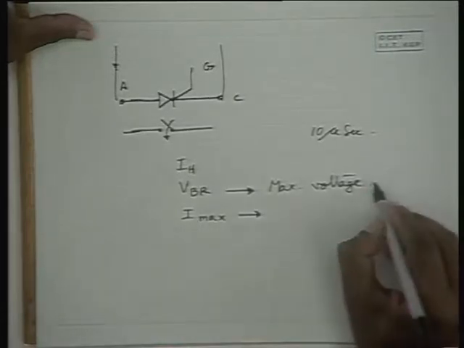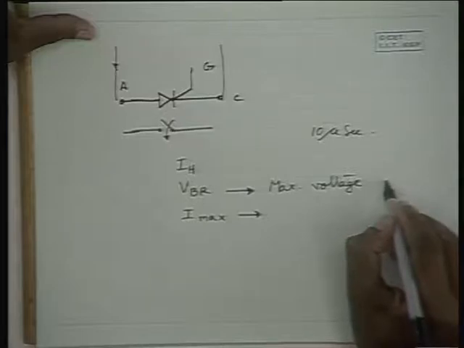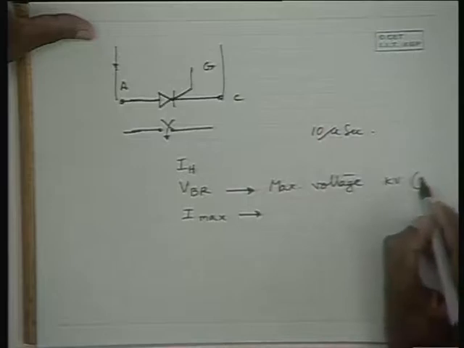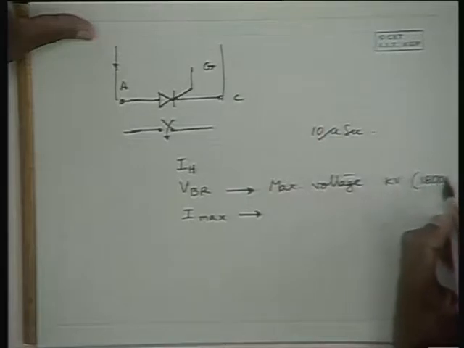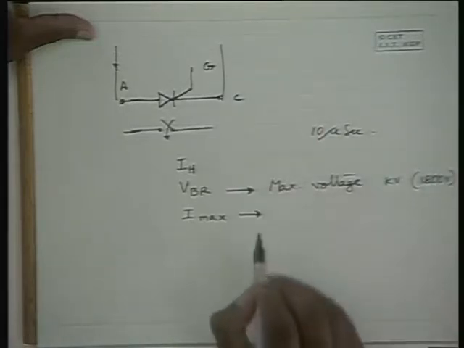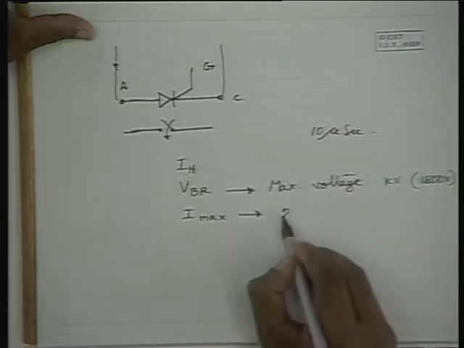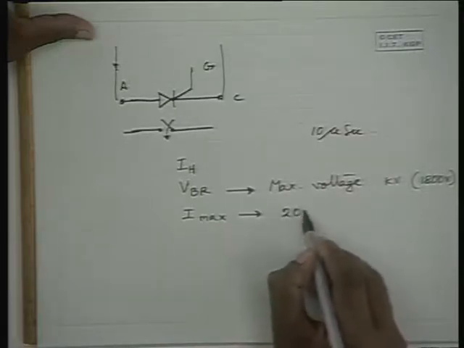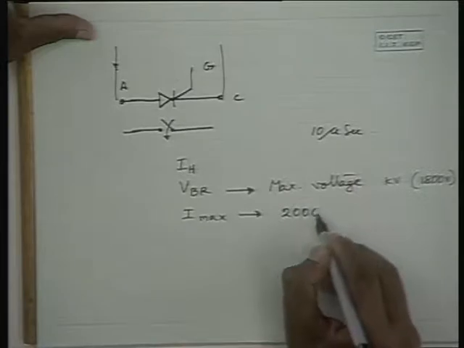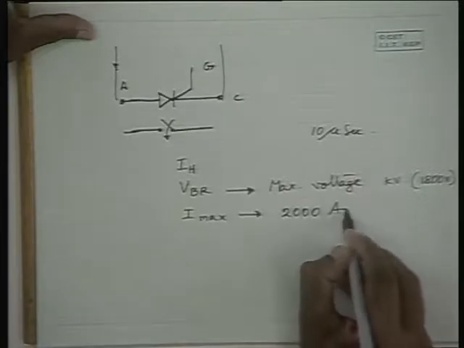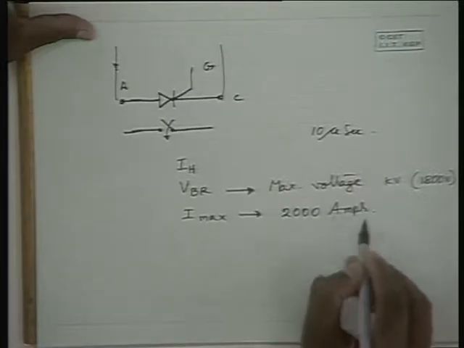That current is known as the maximum current. The maximum voltage, typically for power devices, is of the order of kilovolts. A typical value is 1800 volts. And this maximum current can go to a whopping rating of 2000 amperes.